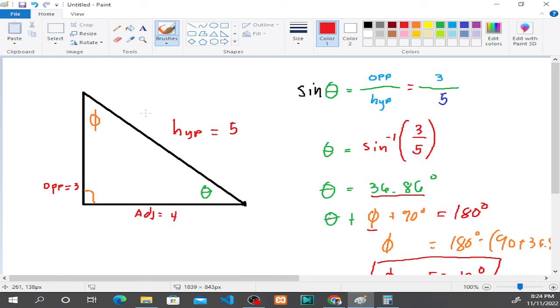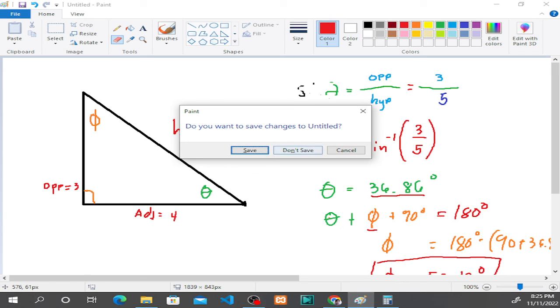How about for the cosine? Will they have the same value for the same angle? Let's find out. I think I just have to write another one.